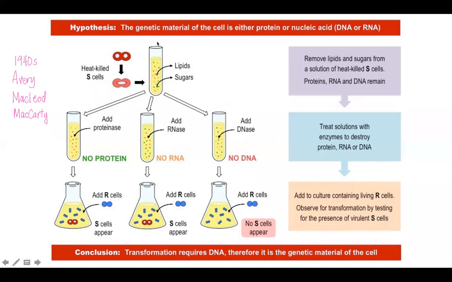In addition to the experiments and the observations made by Griffith and Avery, MacLeod, and McCarthy, in the 1950s, two more scientists were able to add evidence that DNA is the molecule carrying genetic information.